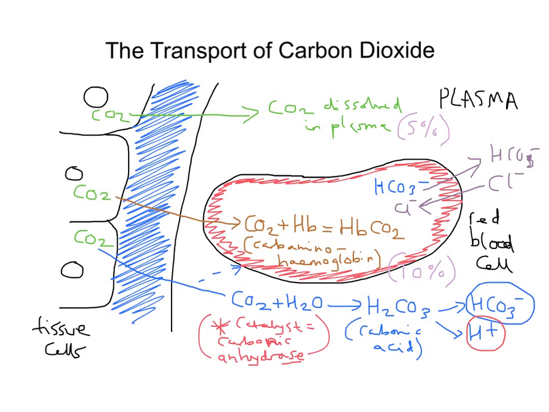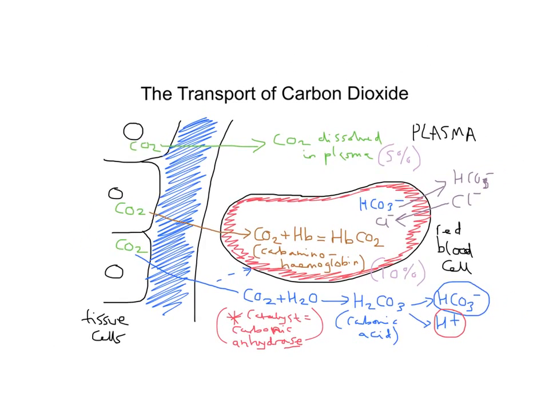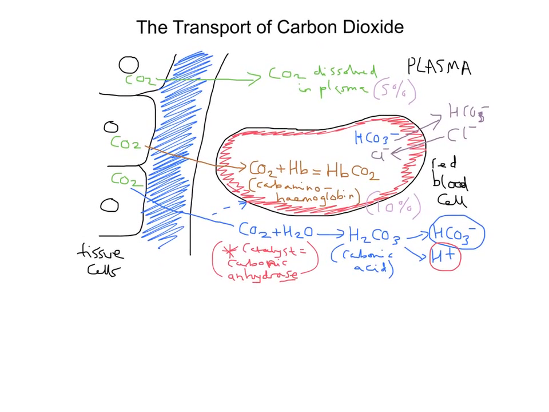So if we shrink the screen just a small amount here, just so I can continue writing beneath. Those H plus ions will bind with hemoglobin, so it looks a bit like this.